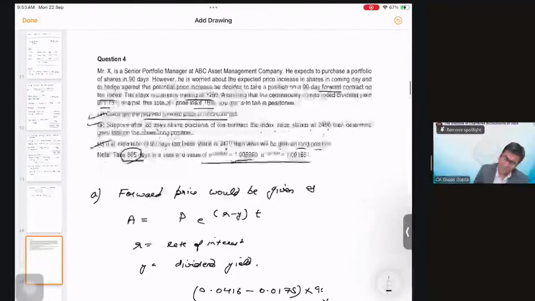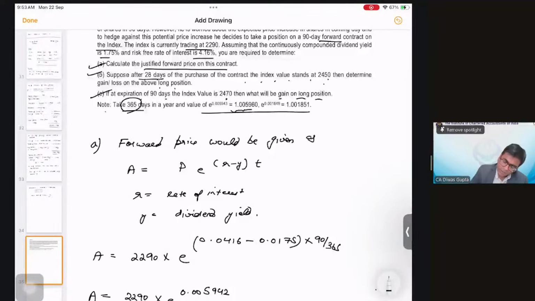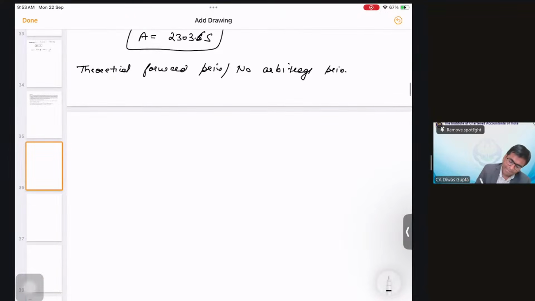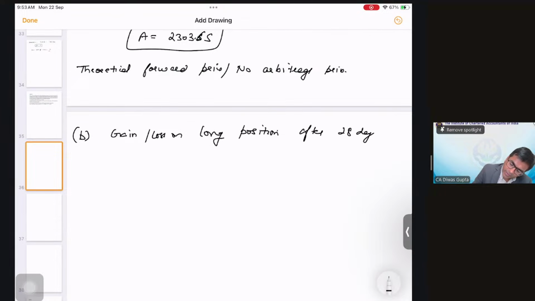The second part, suppose after 28 days of the purchase of the contract the index value stands at 2450. So in this case what we'll have to do, we'll have to calculate the future value on the 28th day, the gain or loss on the long position after 28 days.